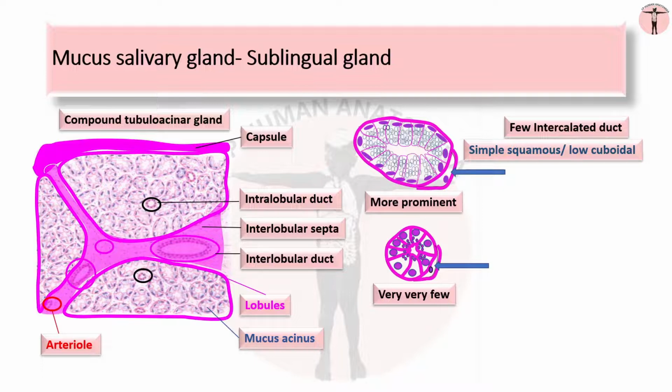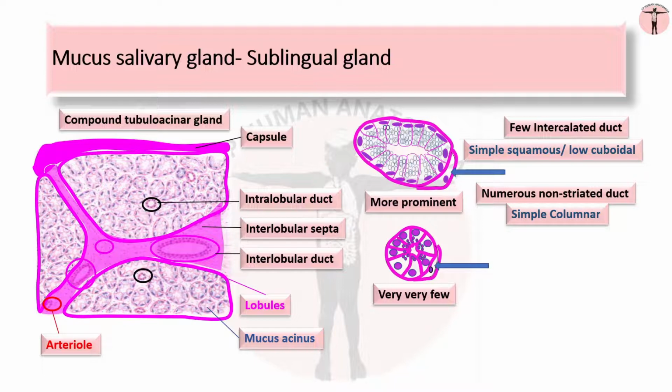These intercalated ducts join to form non-striated intralobular excretory ducts, which are more prevalent in the sublingual glands. These ducts are equivalent to the striated ducts of the submandibular and parotid glands, lined by simple columnar epithelium but lack the extensive basal striations.